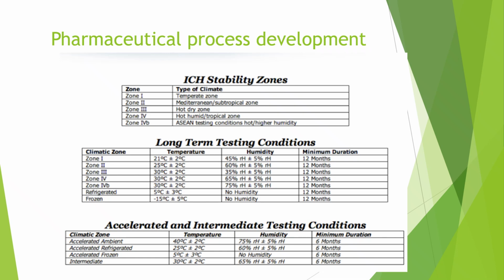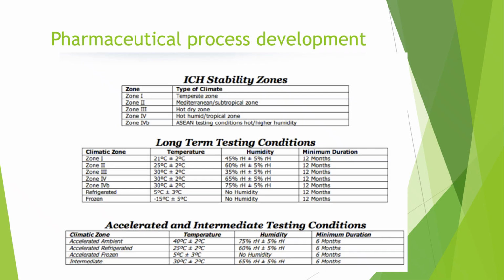There are the ICH stability zones: zone 1, zone 2, 3, 4, zone 4B. Zone 1 means temperate zone, zone 2 means Mediterranean subtropical, zone 3 means hot dry zone, zone 4 means hot and humid tropical zone, zone 4B means Asian zone.